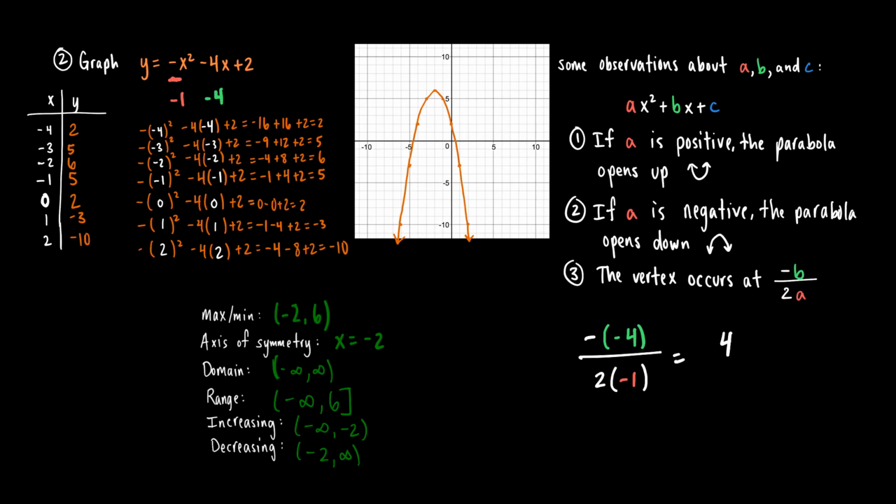You'll get 4 over negative 2, which is negative 2. And so what happens here is that this right here is the x value of the vertex, which is totally true on this function, right? We're at negative 2 here, and that's where the vertex occurs. So we'll go back and we'll say the vertex occurs at x equals negative b over 2a.